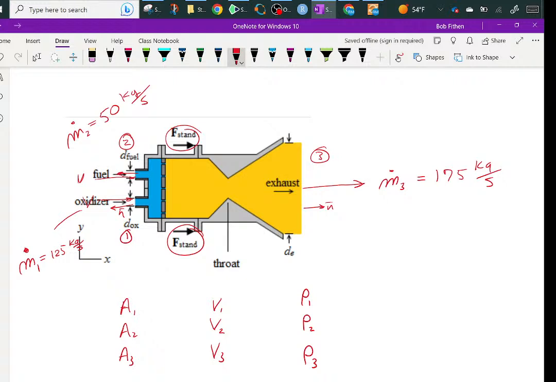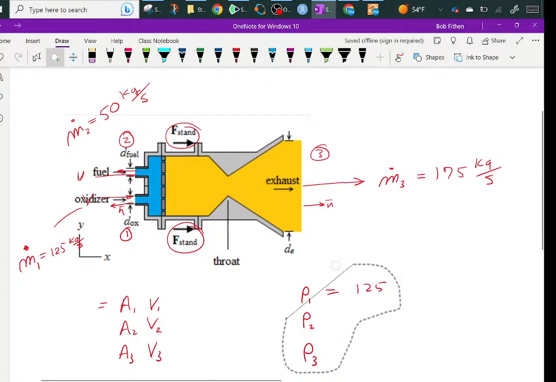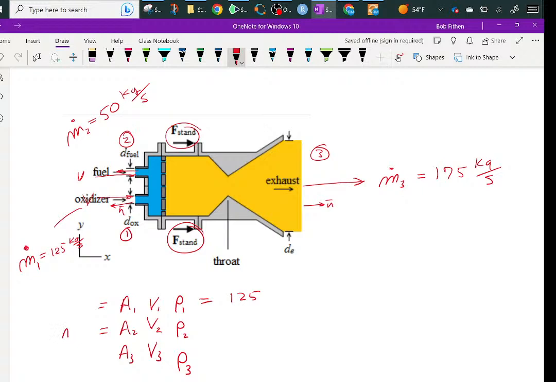So that tells me that, in other words, that times that equals 125. Here, I'll do it this way. Move this close to here, move this one close to here. So this is m dot 2, m dot 1, m dot 3. M dot 2 is 50, M dot 1 is 125, M dot 3 is 175. So everything's happy there. We're all happy with that.